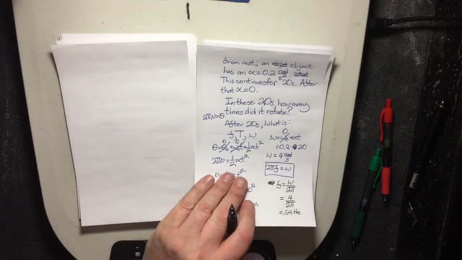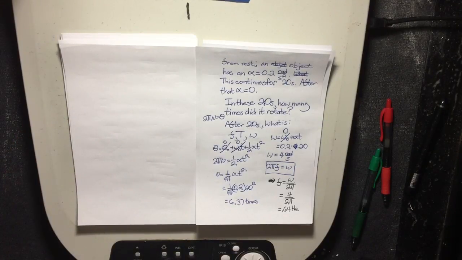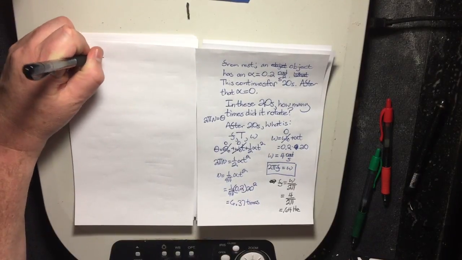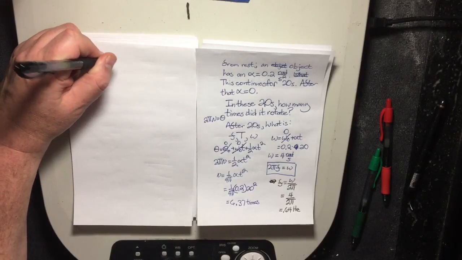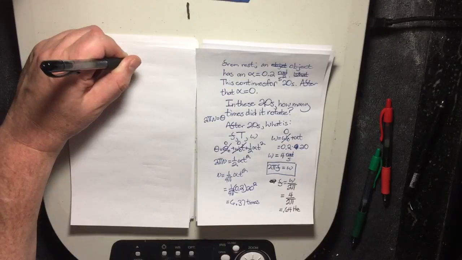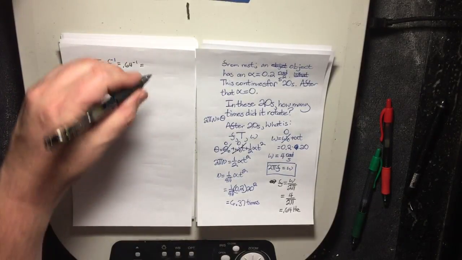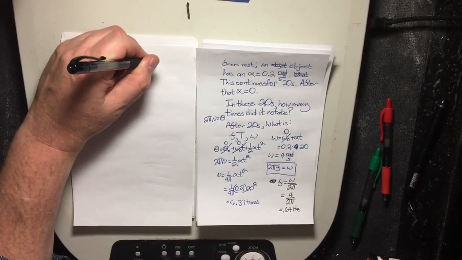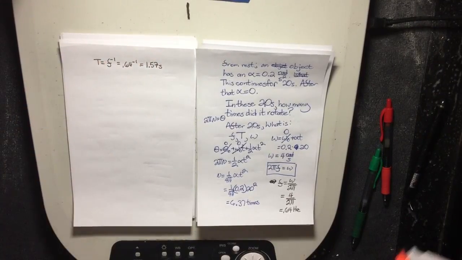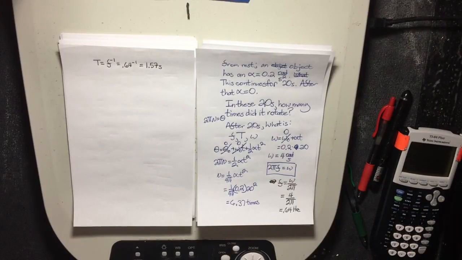So it's not turning very quickly towards the end. And then to get the period, you just take the inverse of frequency and you get 1.57 seconds. And so that's a basic angular acceleration problem.